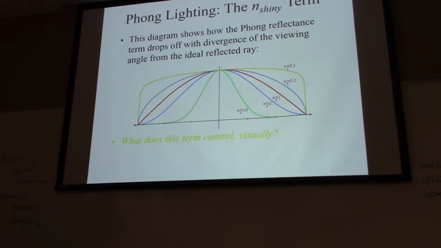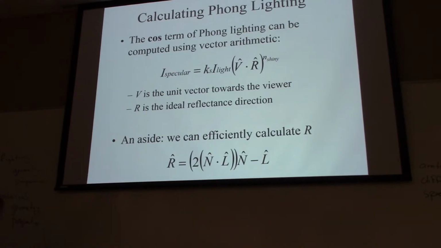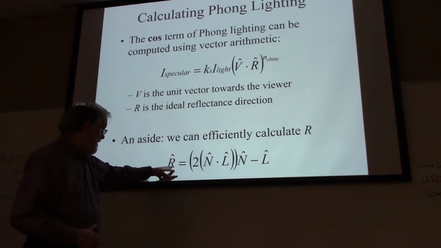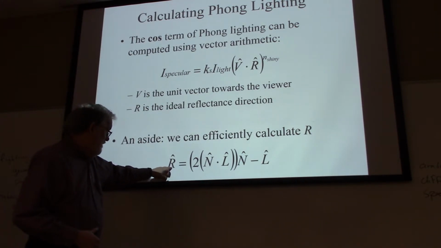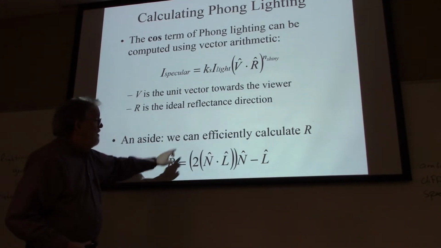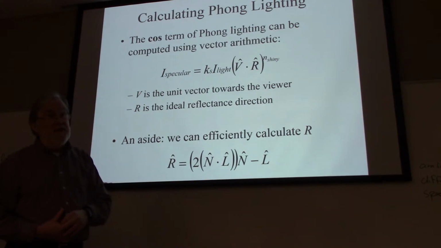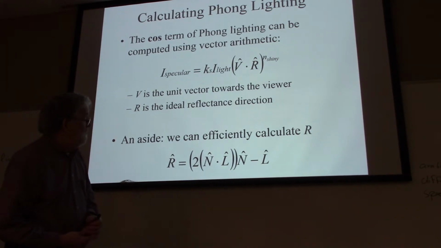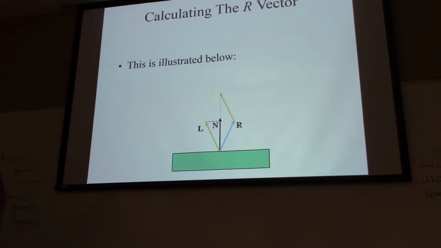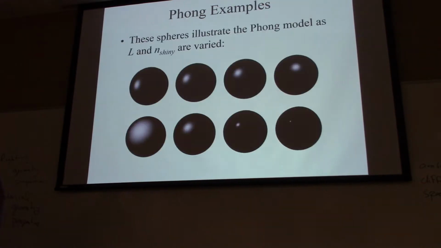Okay. Here's how it varies with shininess. We won't worry about that. There is a formula for calculating the angle of reflectance given the surface normal and the direction of the light. Plug that into the dot product with the viewer direction, and that gives you the cosine of the angle phi. You can spend a little time talking about how you actually calculate that R vector, but we won't worry about that.